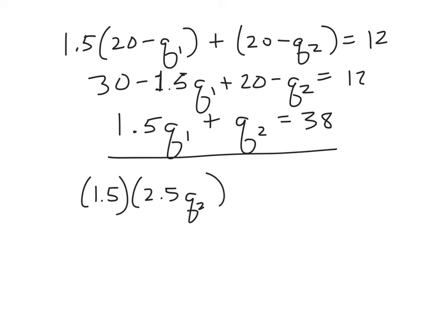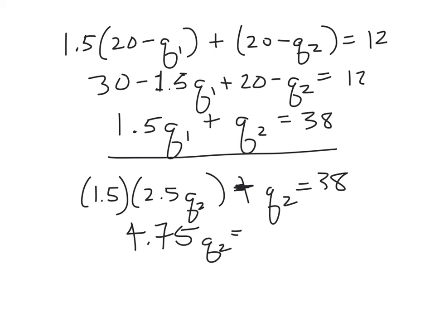Remember, that's what Q1 is also equal to by that other relationship. I'm sorry, I put an equal sign there. I wanted that to be a plus. Plus Q2 is equal to 38. And when I simplify that all out, I get 4.75 Q2 is equal to 38.